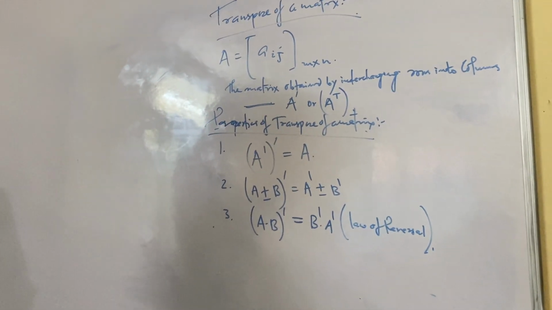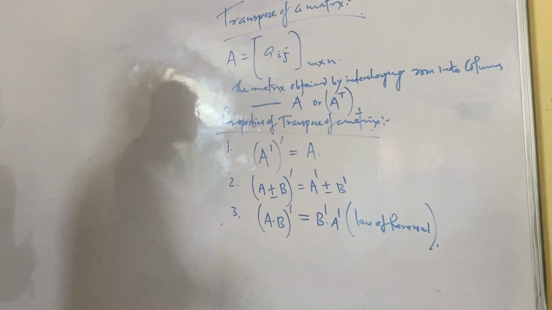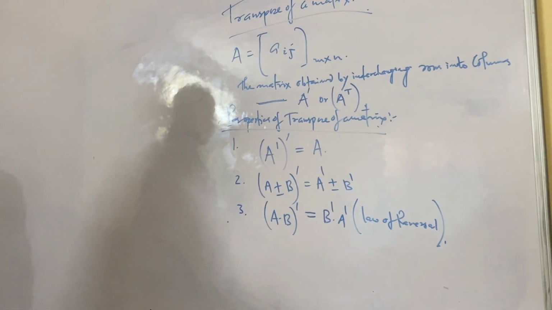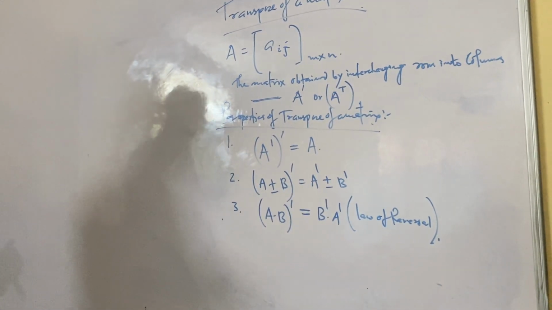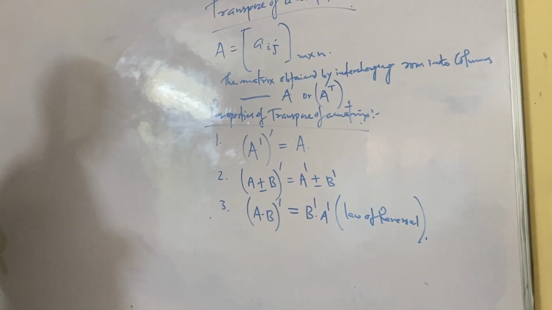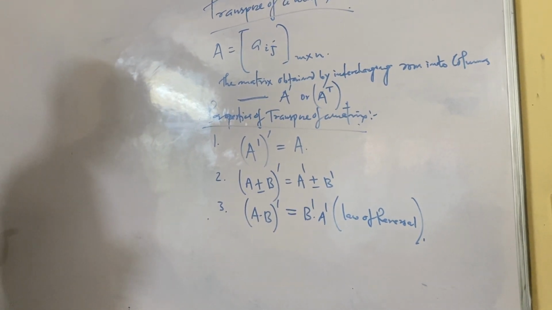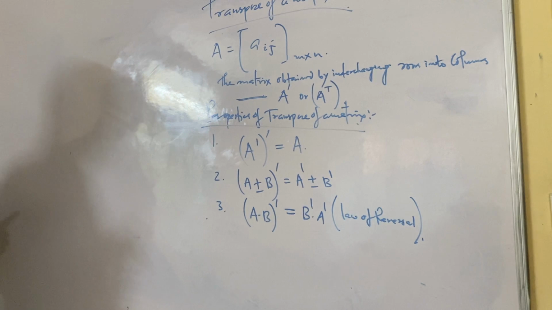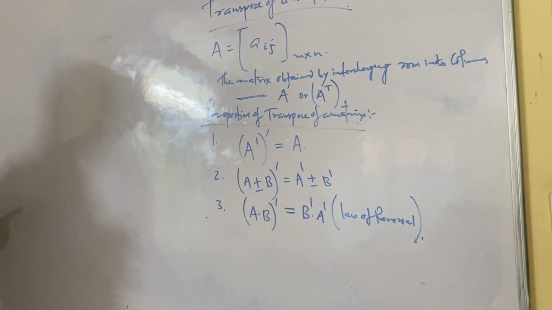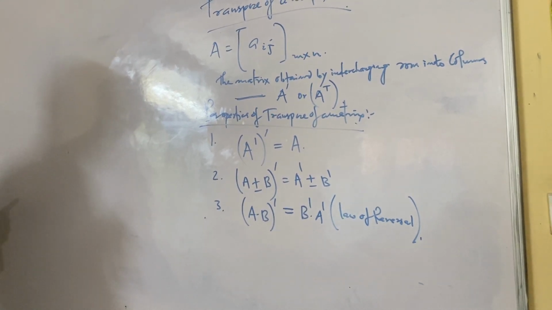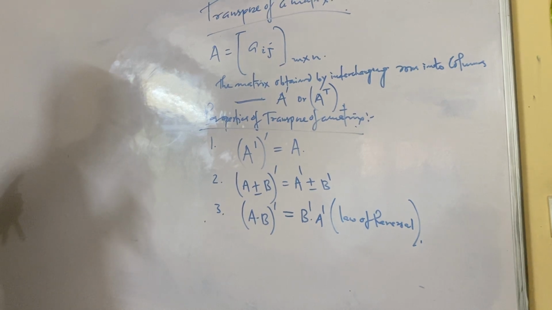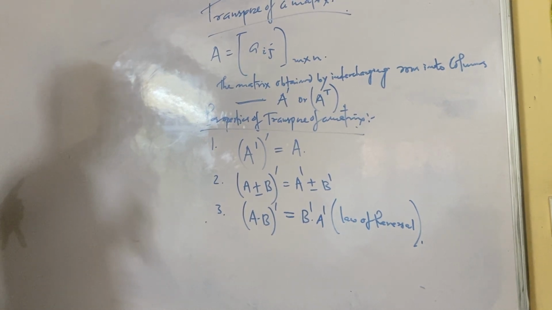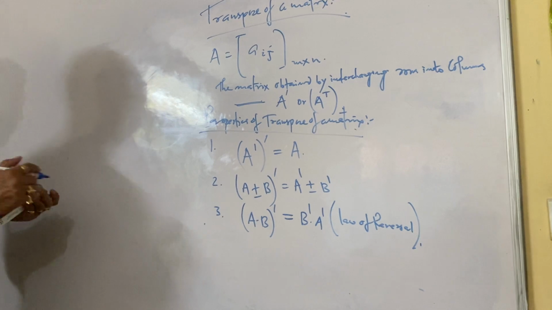If you add matrices and transpose, you get the sum or difference of the transposes, as the case may be. If you multiply two matrices and transpose, the order is reversed: A into B changes into B dash into A dash. This is called the law of reversal.